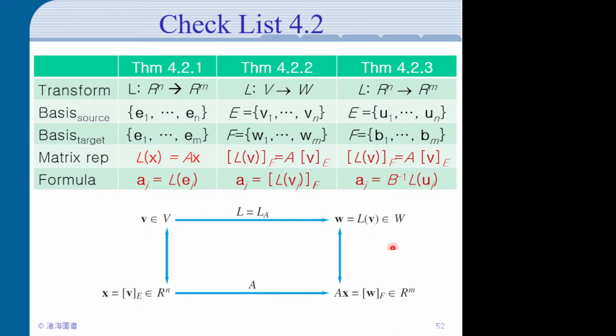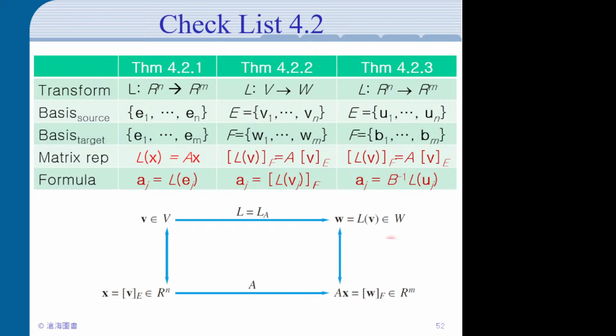And we say that we can have a one-to-one correspondence between V and Rn if you fix the basis on V, and also a one-to-one correspondence between W and Rn if you fix the basis in W. So you have the basis V1 to Vn and the basis W1 to Wn. This one-to-one correspondence means whatever vector in V you have, it has a unique coordinate, which is n real numbers, so that's a vector in Rn.